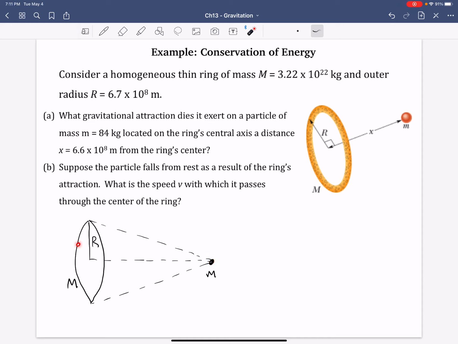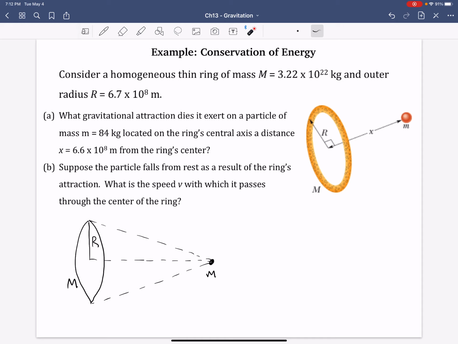Every particle in this ring is trying to pull that mass towards it. So this particle up here is trying to pull it that way, this particle here is trying to pull it that way, etc., around, even that particle down there. And they're all acting at the same time, simultaneously.